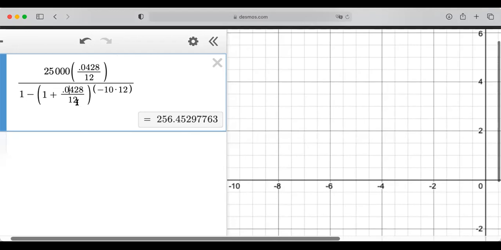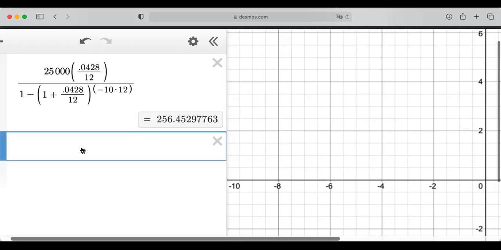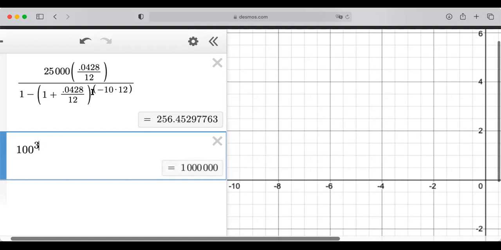This number has to be a 12. Sometimes students will put a 10 there. You don't want to do that. And make sure you have a negative here. And this is an exponent. Now remember, to do exponents, if you have 100 and you want to raise that to the 3, you're going to hit Shift 6, and that'll go up, and you can put the 3 here. So this is not multiplication, this is an exponent. So we get 256.45. So that will be our monthly payment.